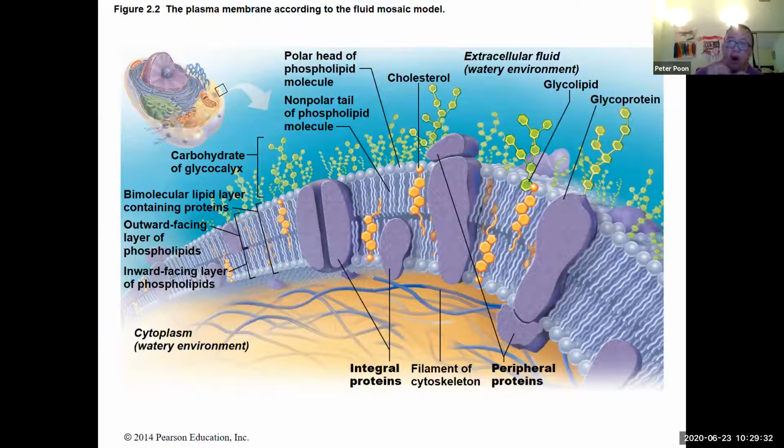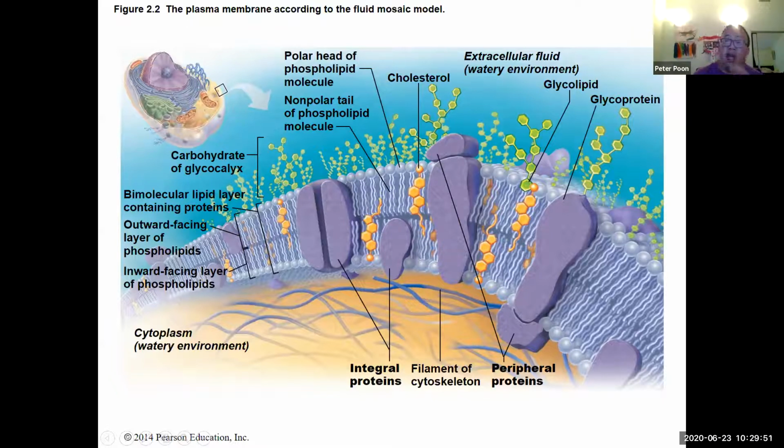The little ball part is the polar head, and the two wiggly lines are the non-polar tail. The polar heads are attracted to water, and the non-polar tails are repulsed by water.